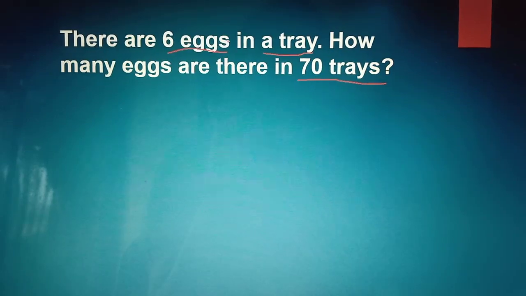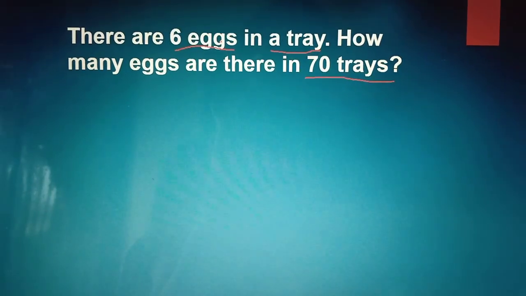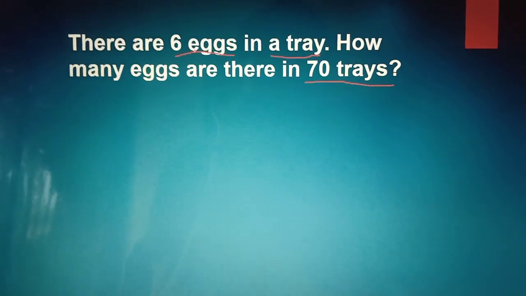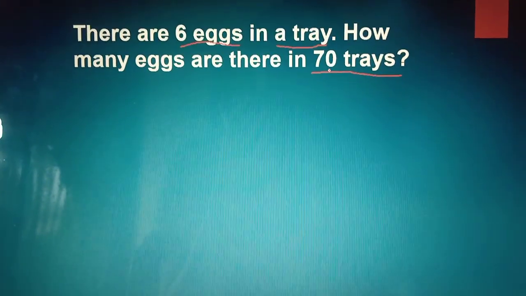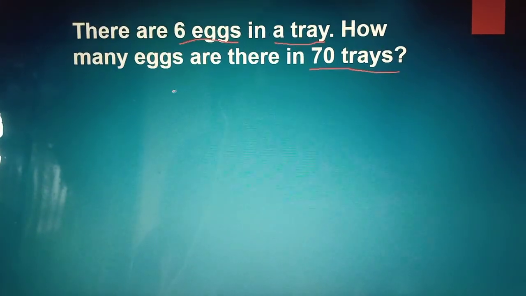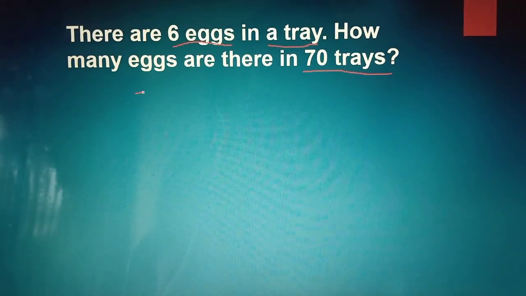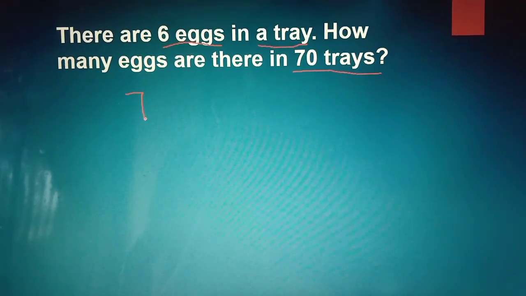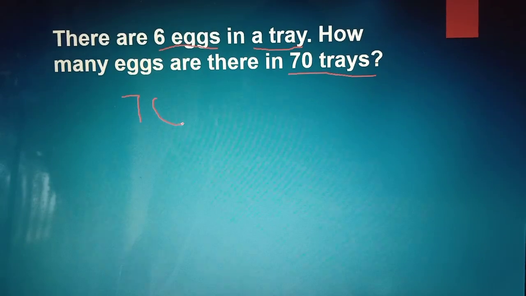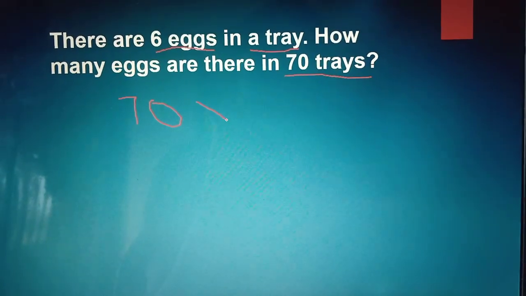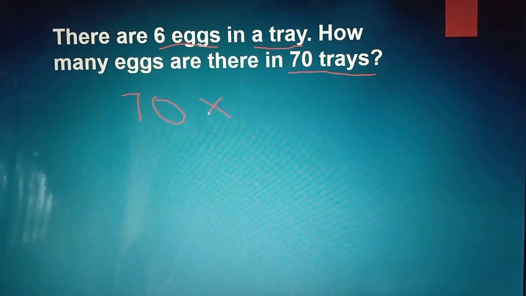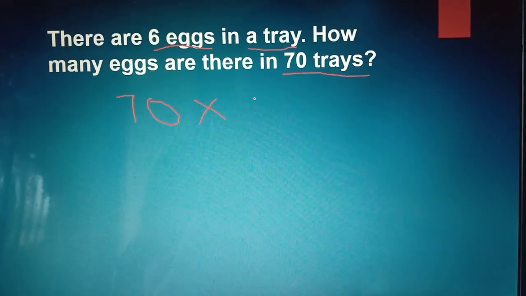Another thing, you must understand and imagine the question. 6 eggs in one tray. So they ask you to find for 70 trays. What will you do? 70 times 6.